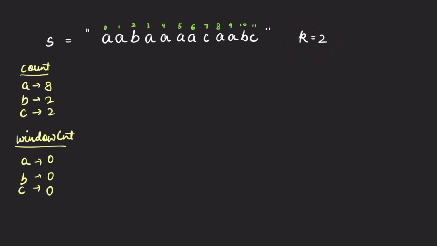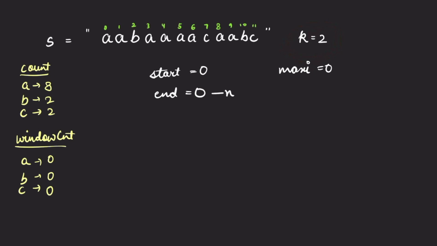Now, since we are considering a window, it will have a start and an ending index. So we will have a start, which will initially be 0, and an end, which will also initially be 0, and it will go till n, where n is the number of characters in the string, right? Our goal is to maximize the length of this window, so we will also take a variable maxi, whose initial value we can keep as 0.